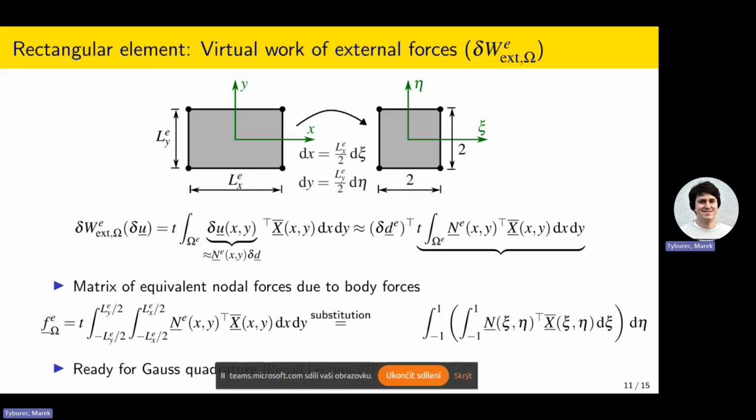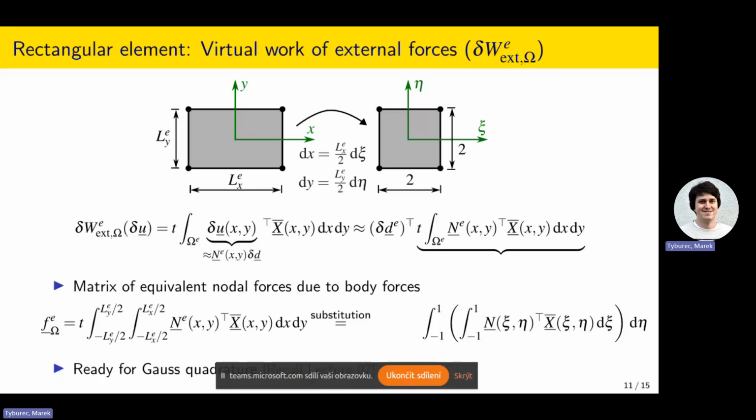And so also we can spot already that this Lx Ly t over 4 is actually the area over 4 times t, or it's actually the volume of the element over 4. So this is something we can compute very simply if we change the variables.